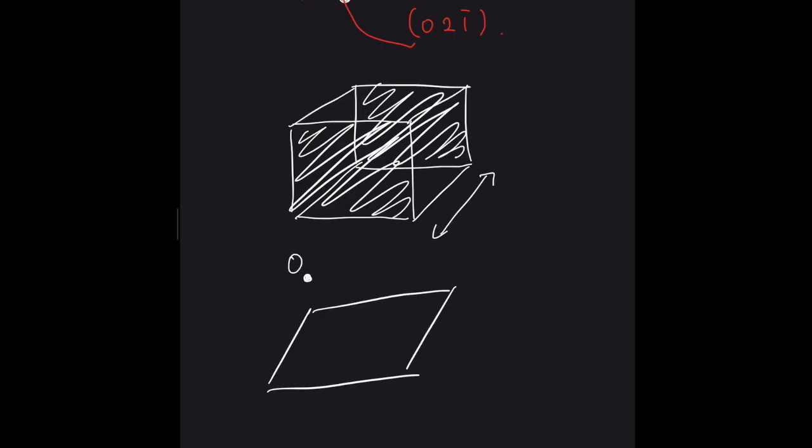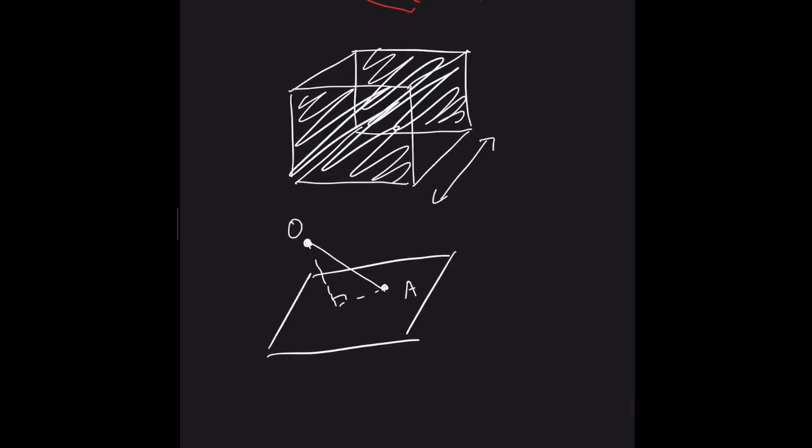Then you can take a point on this plane, let's call it A. You connect O and A. And then you simply have to take the dot product between OA and the unit normal of the plane.